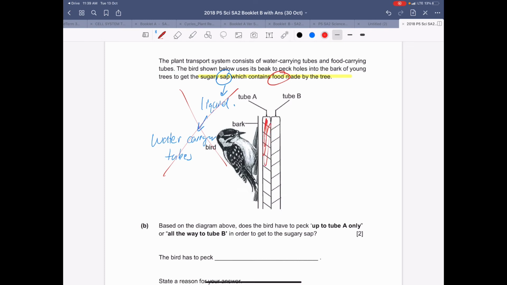Alright, so explain how the door unlocks when the switch is closed. So when the switch is closed, I'm just going to trace. You will notice that this is an iron core, and iron is basically a magnetic material. Because it is a magnetic material, you would know that it will become an electromagnet when electricity is running through a coil wire around this magnetic material.